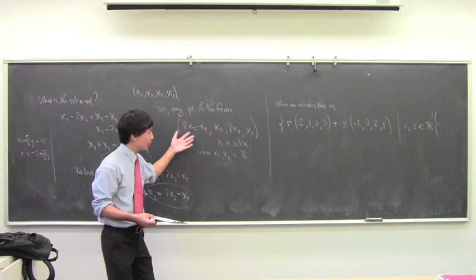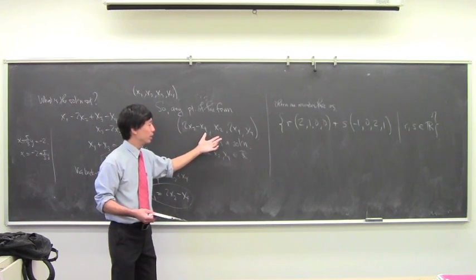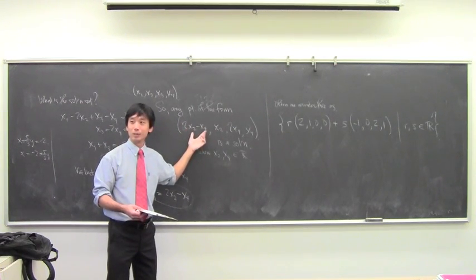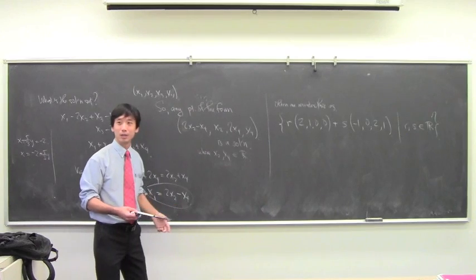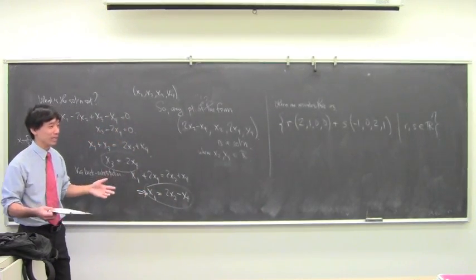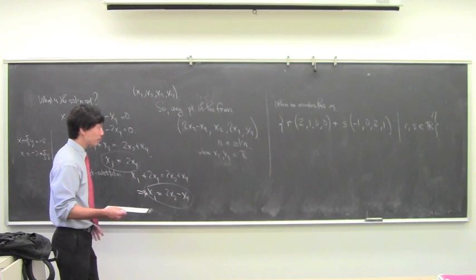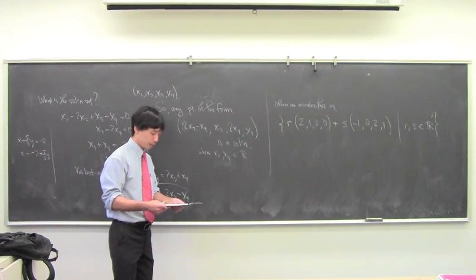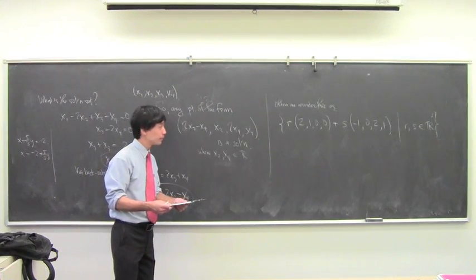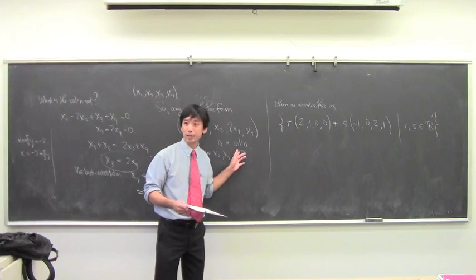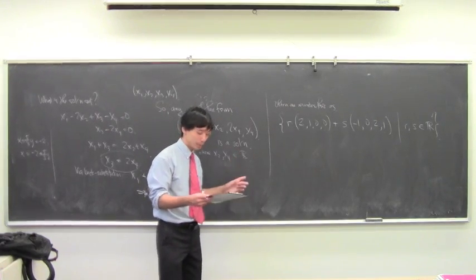But what will always happen is you'll end up with a two parameter system of solutions. You can't just reorder it and end up with a completely different solution set. Okay. Everyone all right? Any questions? Okay. Maybe that's a little bit interesting.